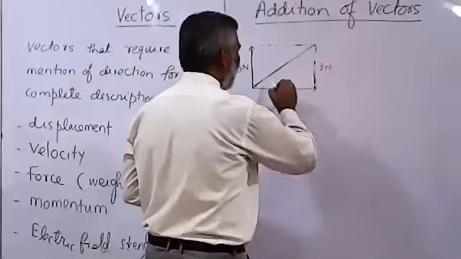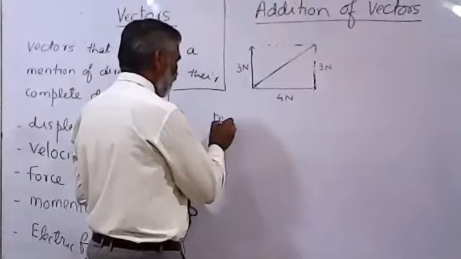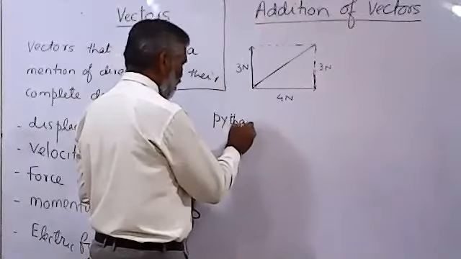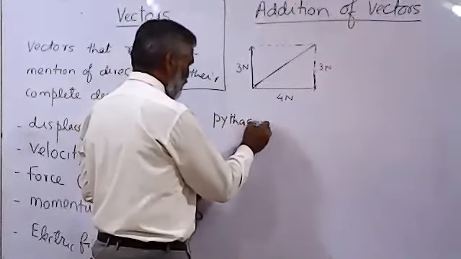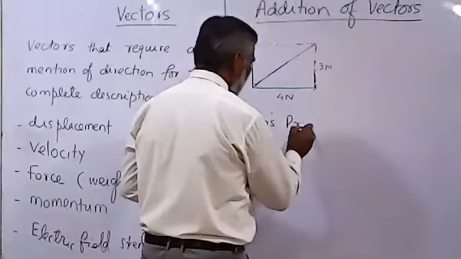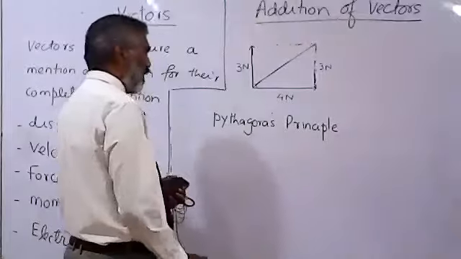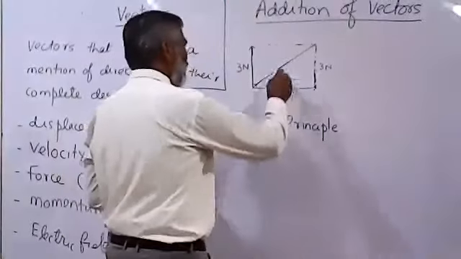So these two vectors can be added using Pythagoras principle, applied to it gives us the resultant here.